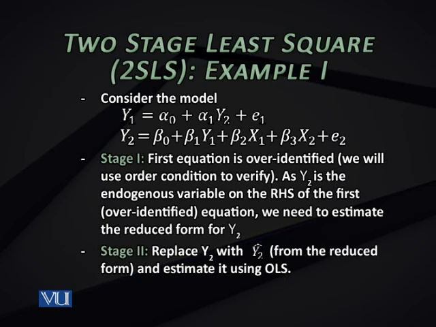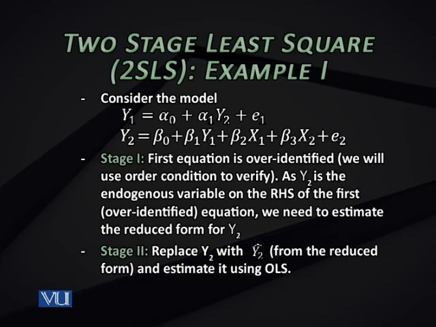Now look back at the first structural equation. y1 is equal to alpha naught plus alpha 1 y2 plus e1. उसको देखें. इसमें right hand side पे you have a variable y2. You will replace y2 with these trend values of y2 which you found in stage 1. And you will run another OLS, y1 on y2 hat instead of y1 on y2.